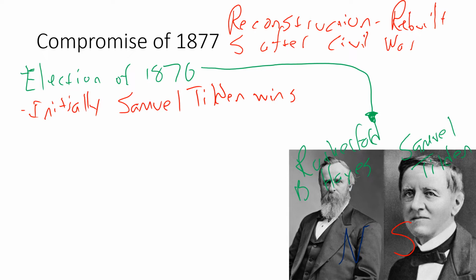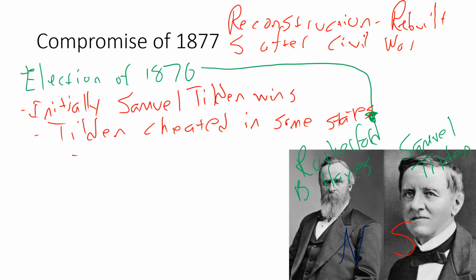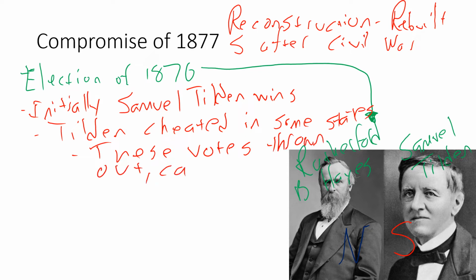So let's put down that Tilden had cheated in some states, these votes are thrown out, and that causes a tie.